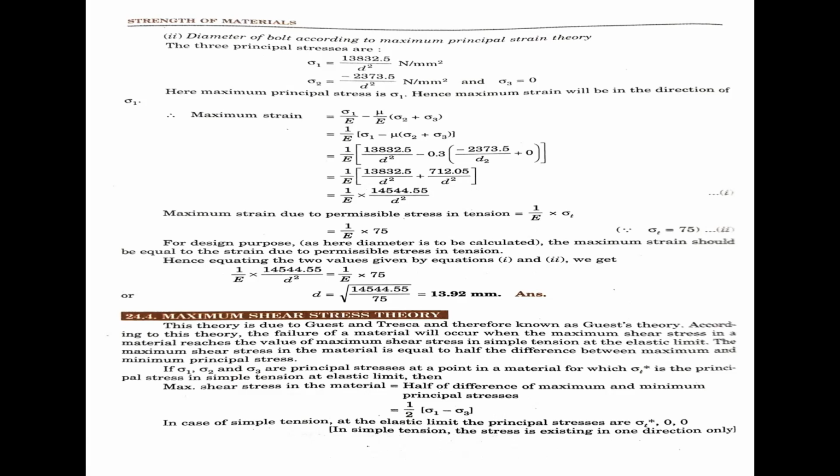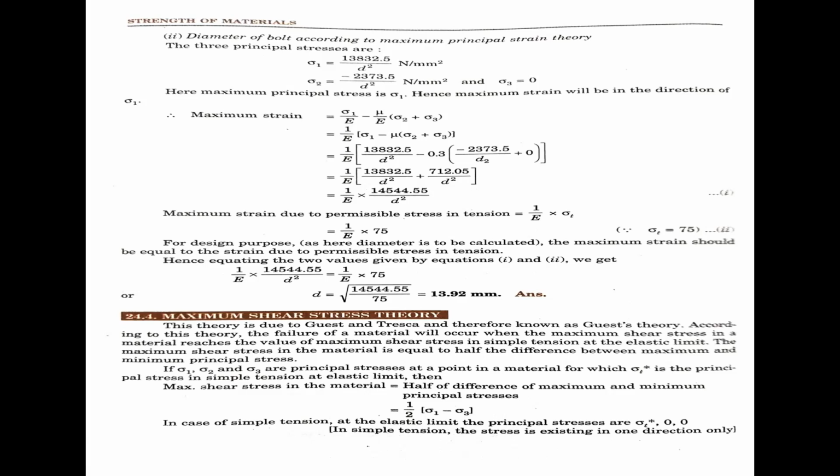Then the maximum shear stress in the material equals half the difference of the maximum and minimum principal stresses. Written in equation form, 1 by 2 into (sigma 1 minus sigma 3), the difference between the maximum and minimum principal stresses.